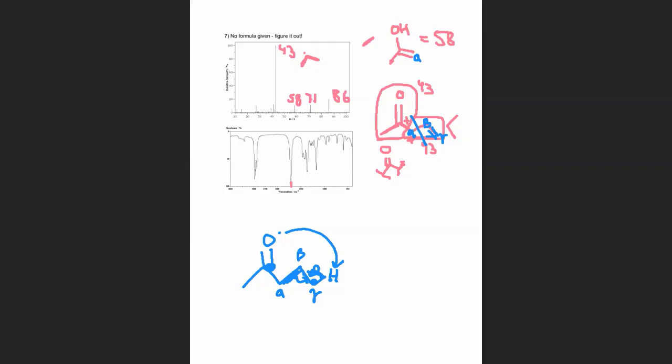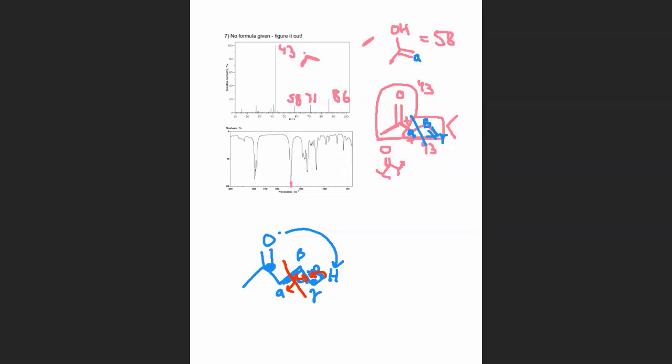Okay, let me draw the arrows. So the alpha and beta bonding pairs get split apart. So that's why they cleave right here.